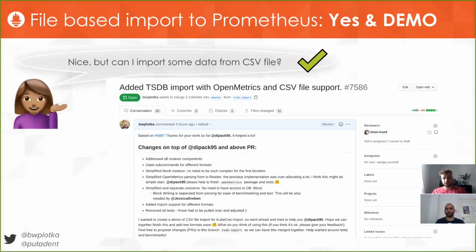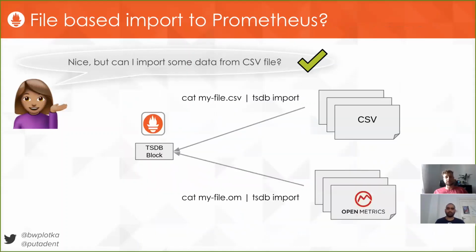So we started the actual work on adding support for importing from two file formats, CSV and OpenMetrics. And it will look like this. You will have a tool called TSDB import, and you just pass the file that will stream the data, the rows, into this tool, which will generate the blocks, which are parsed and understandable by the Prometheus TSDB database.